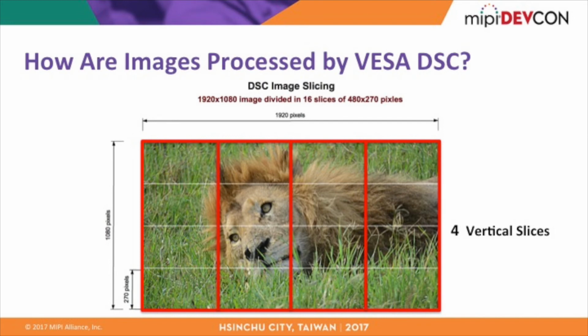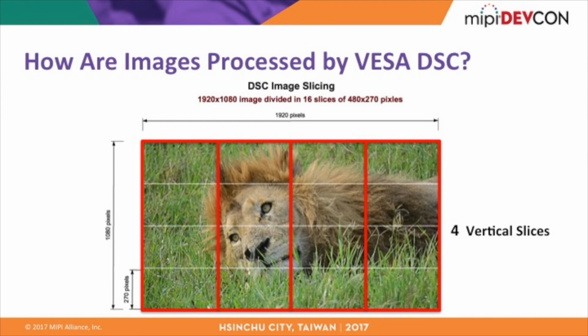What you have to understand is the way that DSC works with the compression and decompression of picture images. Essentially, if you have enough horsepower inside your semiconductor to compress the entire image with a single core, you obviously do that.